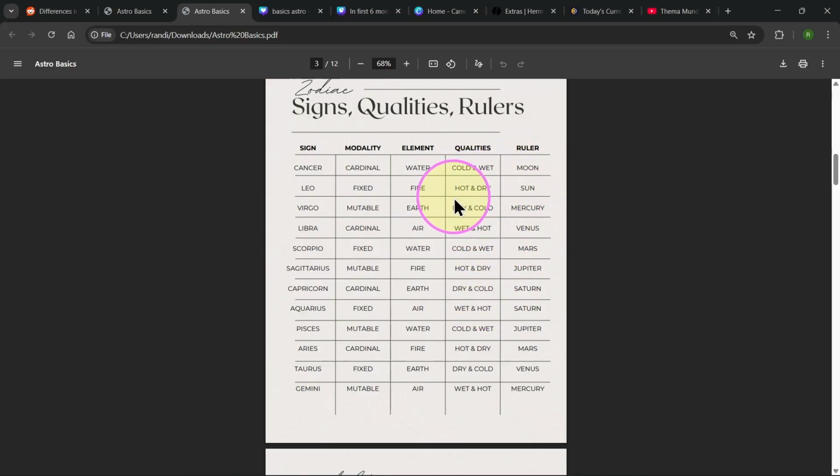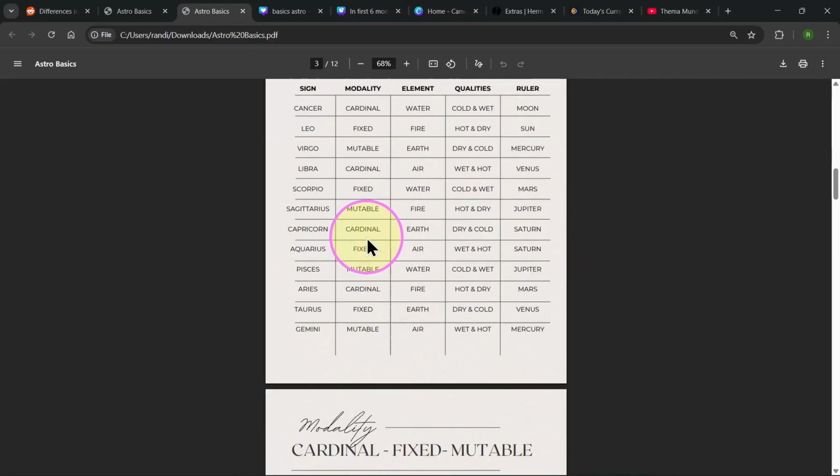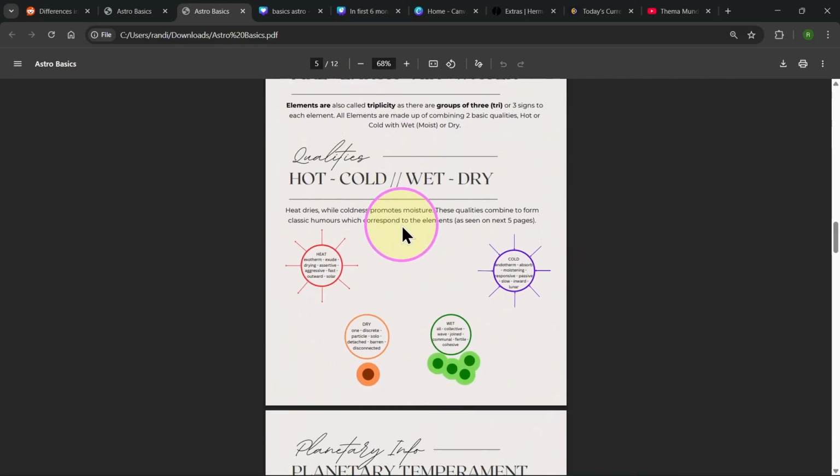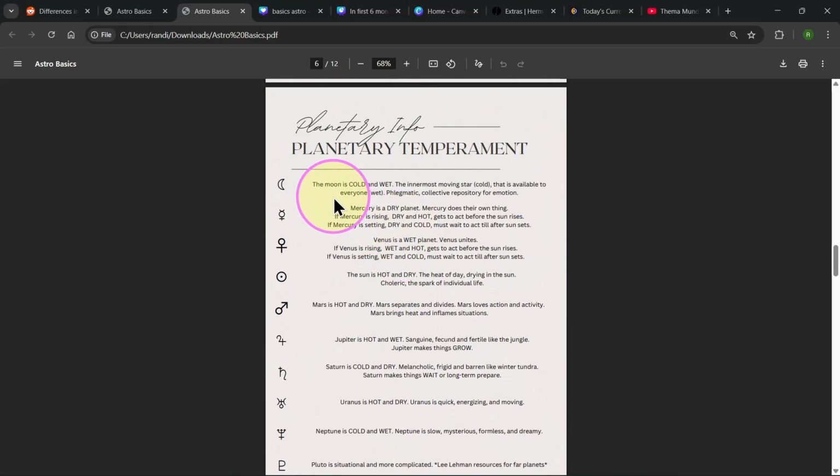And so you want to learn the basics of the qualities the way you learn the basics of modality, so that you can combine them into not only the signs with modality but into the planets, which will then be added into the signs because they rule or interact differently with each of the signs.